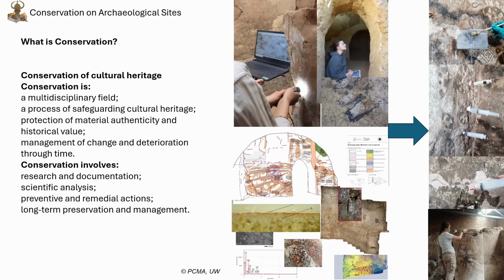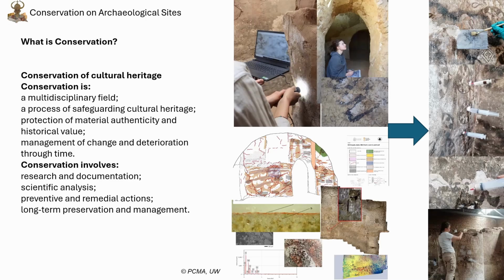In this case, conservation is not an attempt to freeze heritage in an ideal state. Instead, it's a process of understanding and managing change while preserving authenticity, historical evidence, and cultural significance.